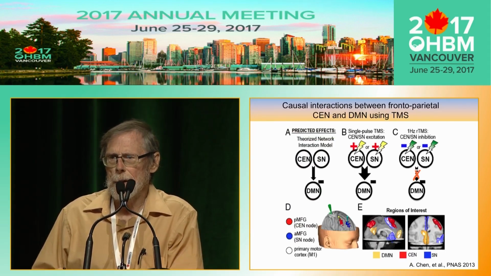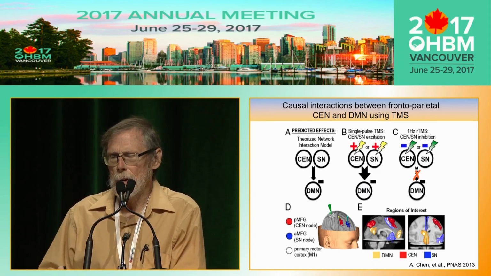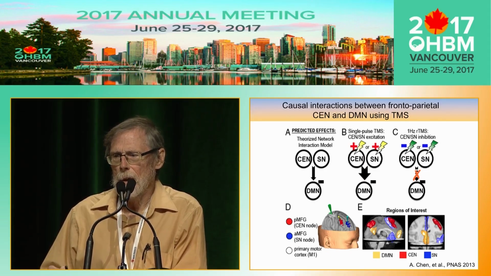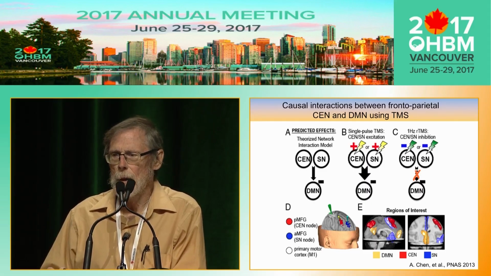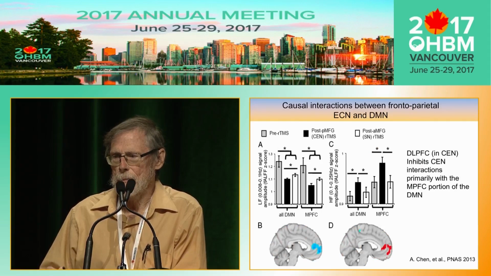So that's one way, and here's an example of a study done at Stanford in which one was interested in looking at changes between the central executive network, the salience network, and possibly influencing the default mode network, 3 separate network systems. So targeting either with positive or negative, that is excitatory versus inhibitory TMS on the dorsolateral areas, did it affect the default mode network?